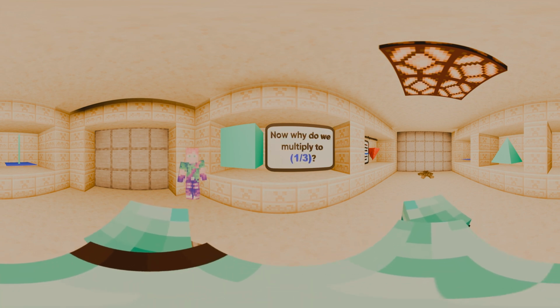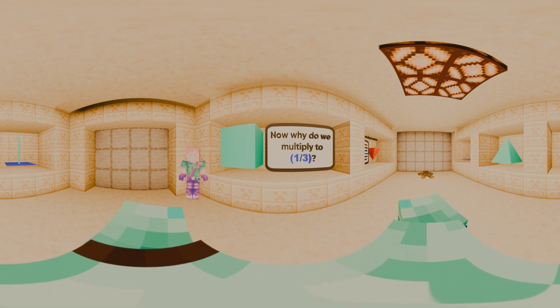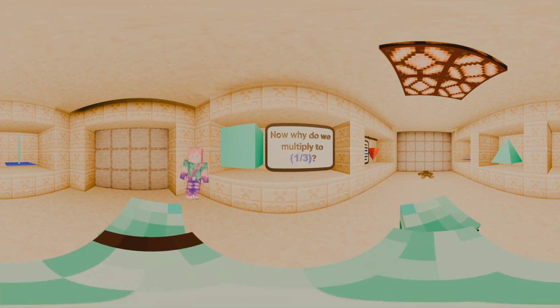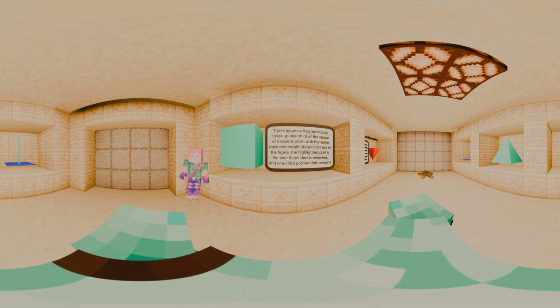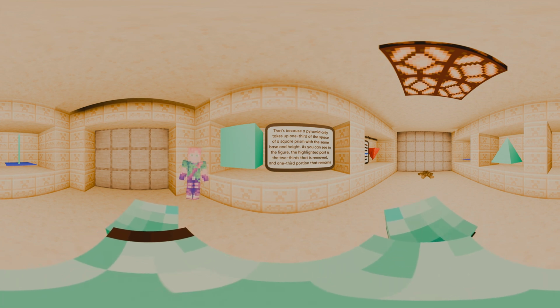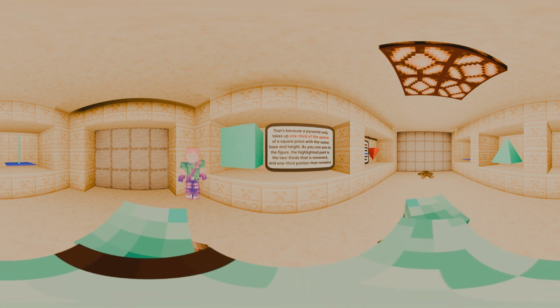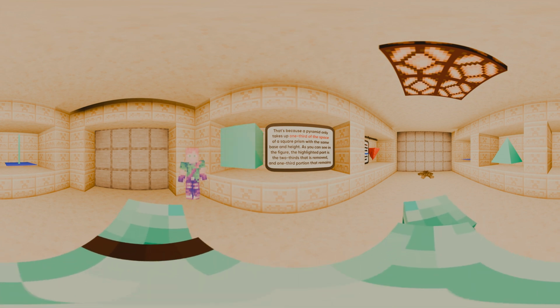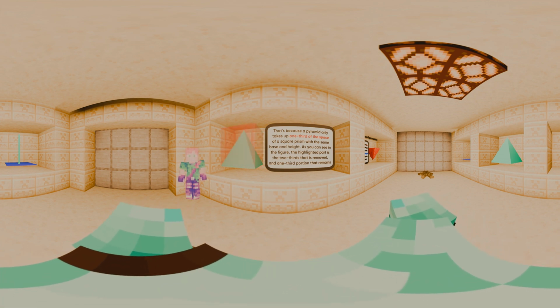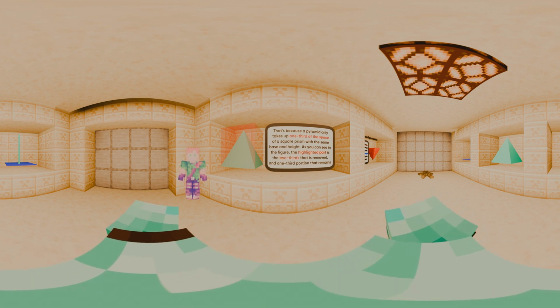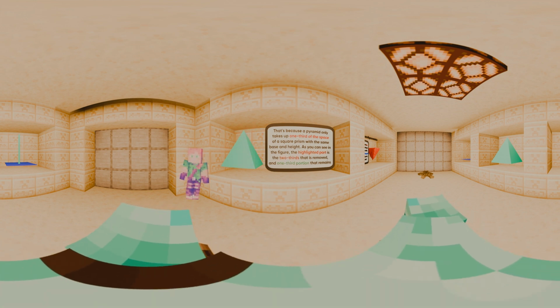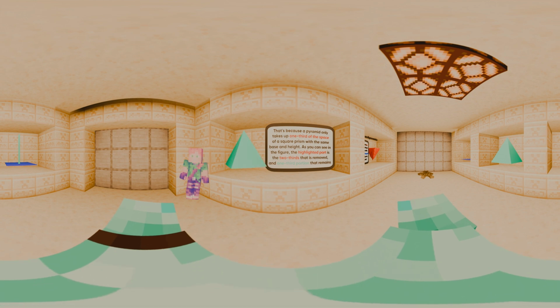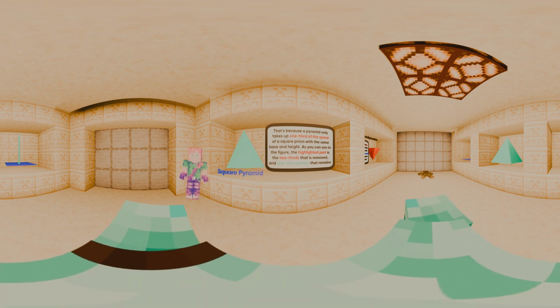Now, why do we multiply by 1/3? That's because a pyramid only takes up 1/3 of the space of a square prism with the same base and height. As you can see in the figure, the highlighted part is the 2/3 that is removed, and the 1/3 portion that remains is the pyramid itself.